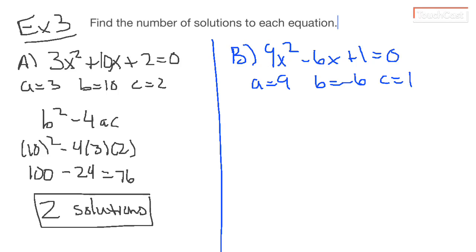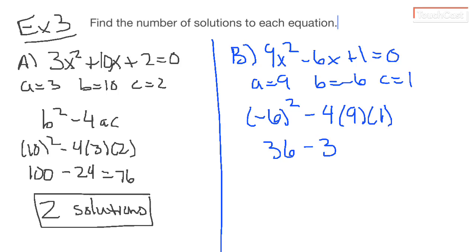So we're going to do the same thing. B squared minus 4ac. We're going to take negative 6, square it, and subtract 4 times 9 times 1. Well, negative 6 squared is 36. 4 times 9 times 1 is 36. So 36 minus 36, that's 0, which means we're going to have 1 real solution.